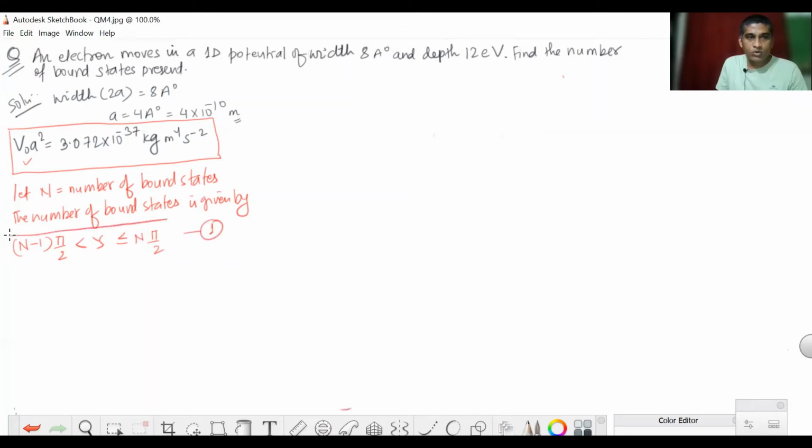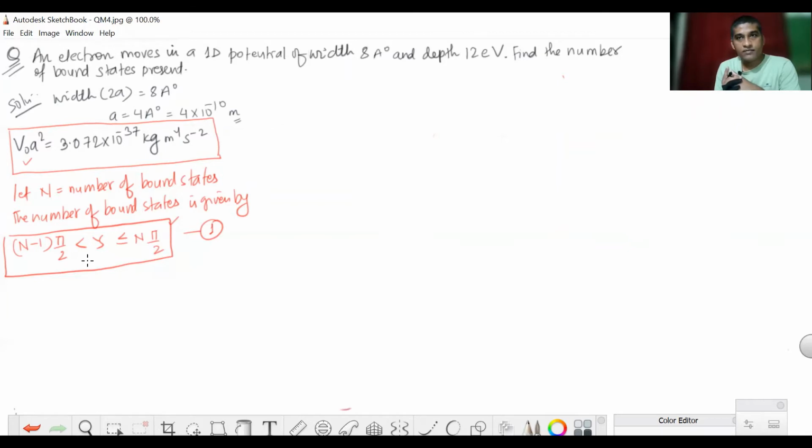This is a compound inequality. In this relation, n is the number of bound states, and gamma is a dimensionless parameter, also called the strength parameter of the potential.